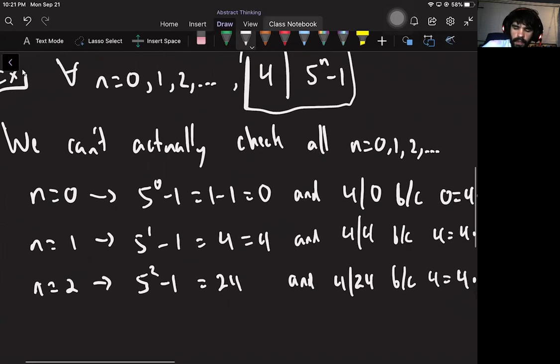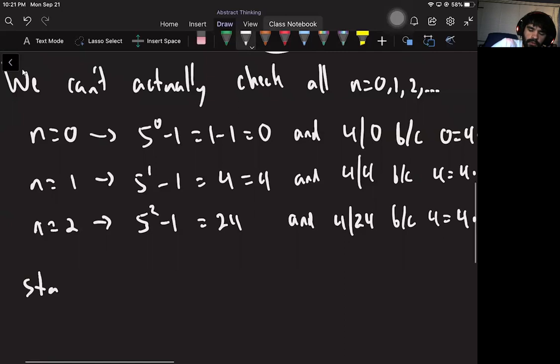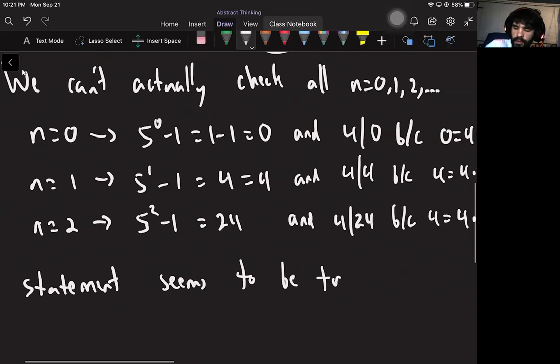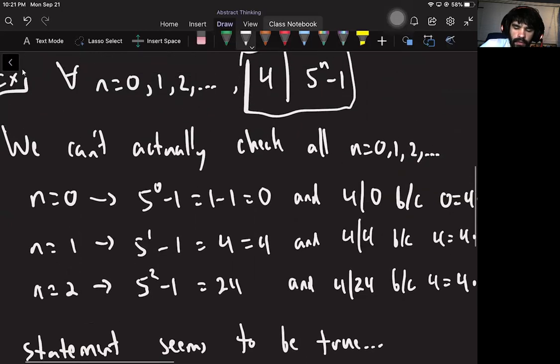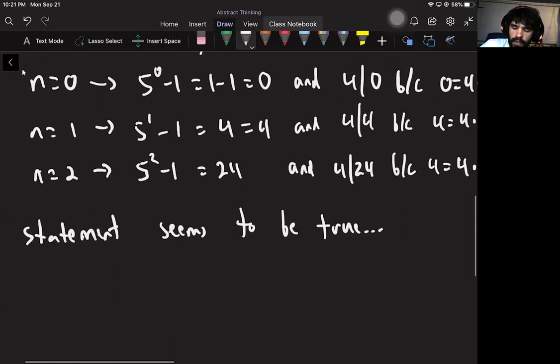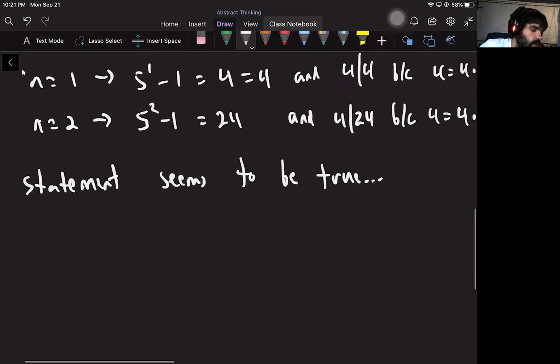So the statement seems to be true, but of course seeming to be true and being true is not the same thing. You might think it's a plausible statement. And induction lets us prove all the other cases, 0, 1, 2, 3, forever, without actually having to plug them in. It's a brilliant little trick. So that's what we're learning about today.